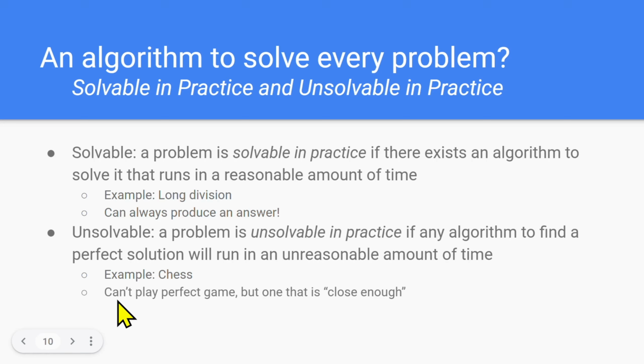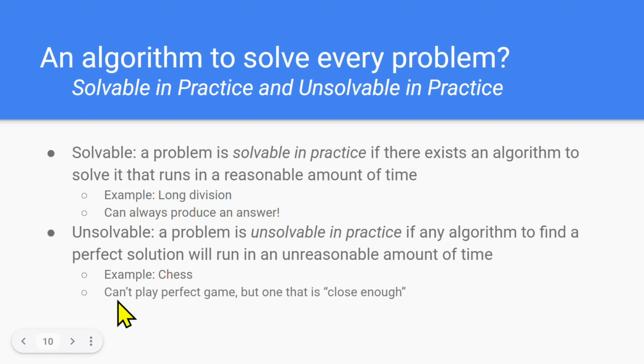Is there a set of moves that guarantees you a chess win no matter what? The answer is no. But is there a set of moves that will allow you to beat 99.99% of your opponents? Yeah. Just don't go up against Magnus Carlsen. But you can probably beat every single person if you find something that's good enough.